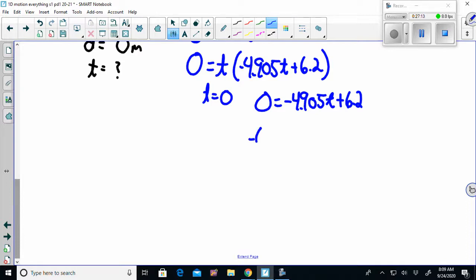So it's going to be negative 6.2 equals negative 4.905 t. 6.2 divided by 4.905, 1 point something. And we got t is equal to 1.26 seconds. I'm going to stop that recording.